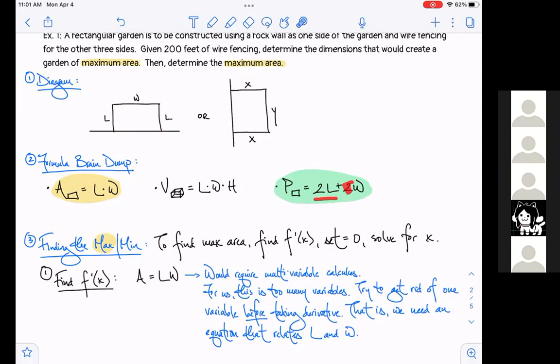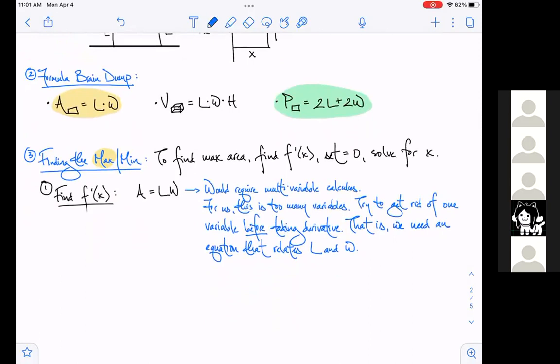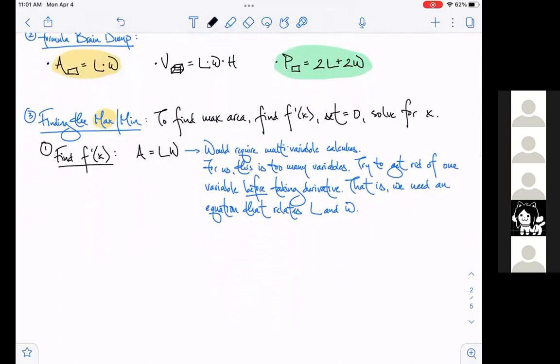And that is going to equal, like Stefan says, it's going to equal 200 because that's how much fencing we have, okay? So let's sort of sneak this in over here, right? That we have 200 equals 2L plus W, right?